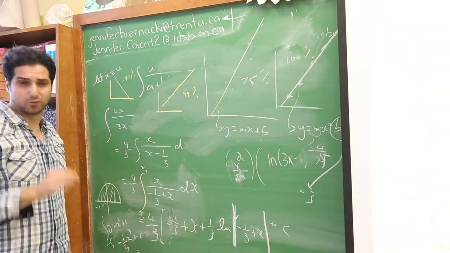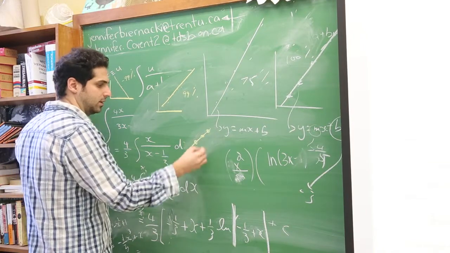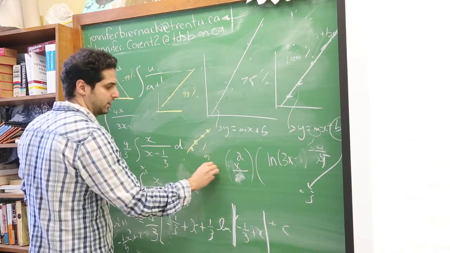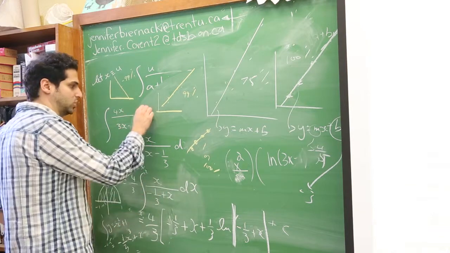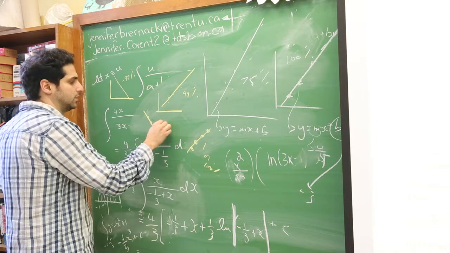Got it? For straight lines. Perfection is going to be what number? 100%, 1 or 100%. But with positive slope. Perfection with a negative slope for straight lines is going to be negative 100%.